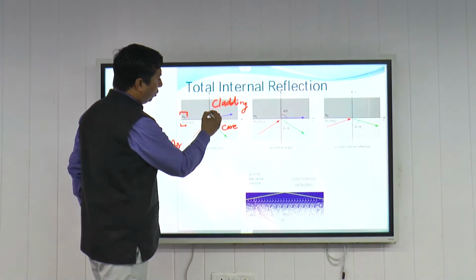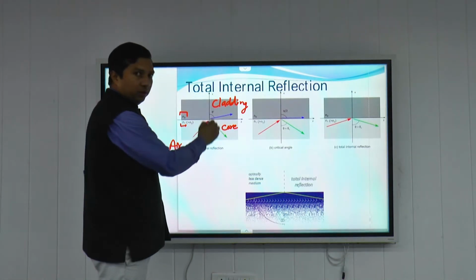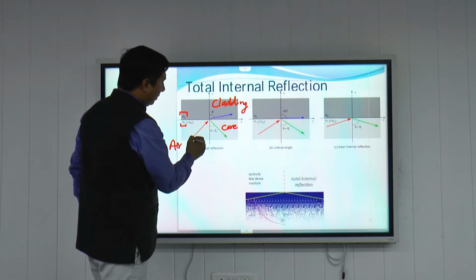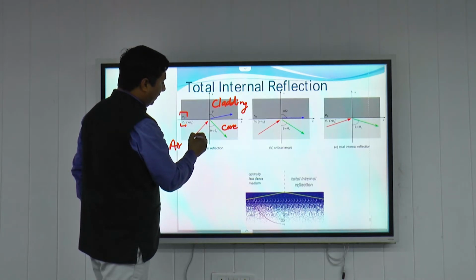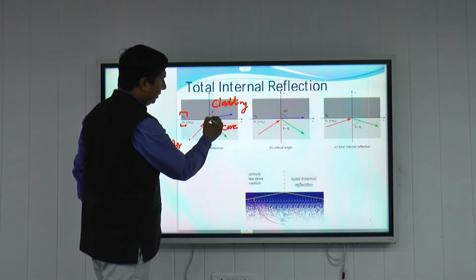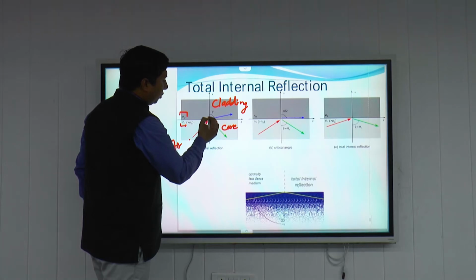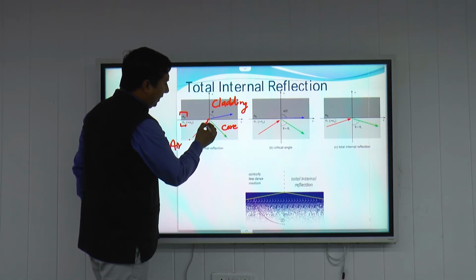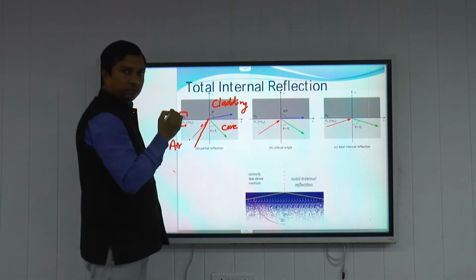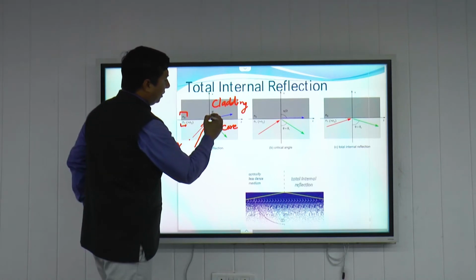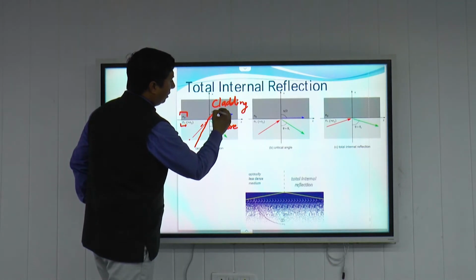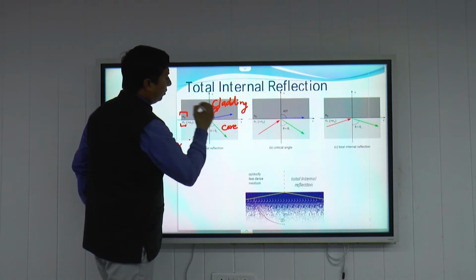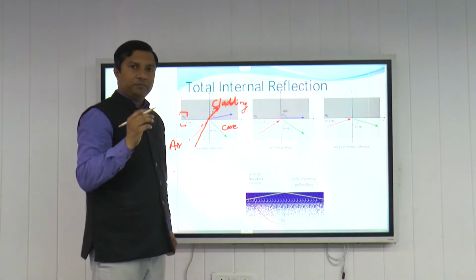Then it will come to the normal point. Then let us say it is traveling from this side. So if this angle is very small, then light will move to the cladding.